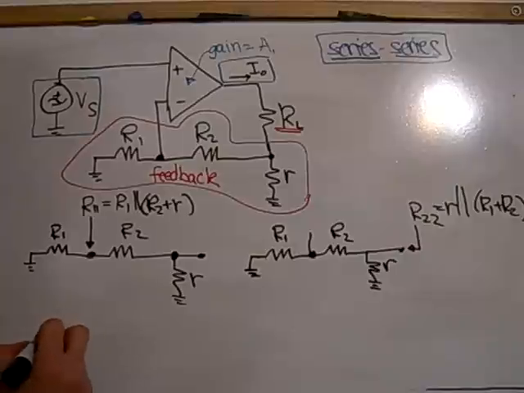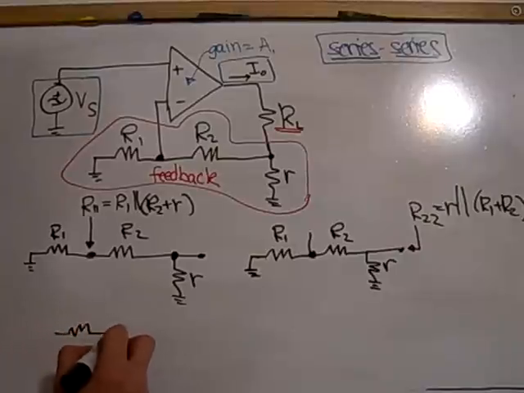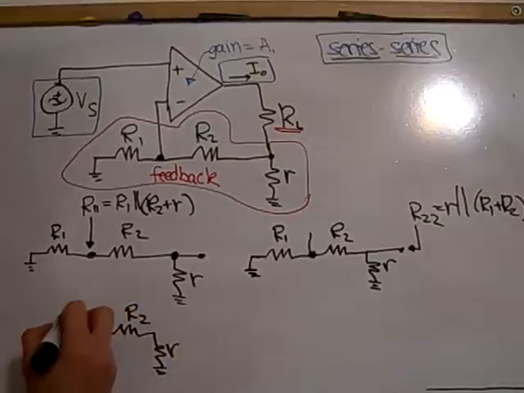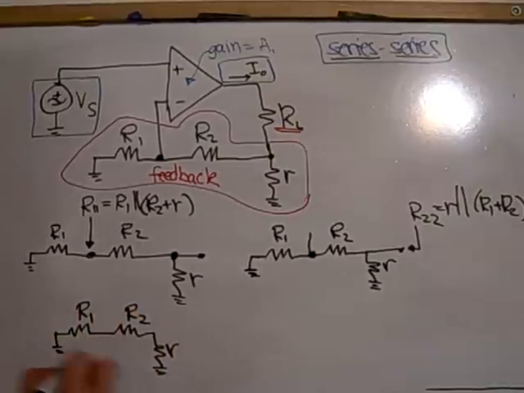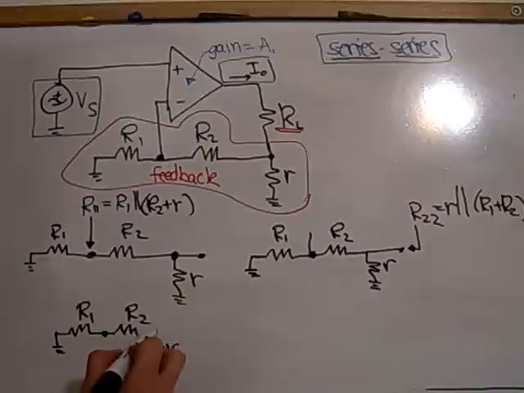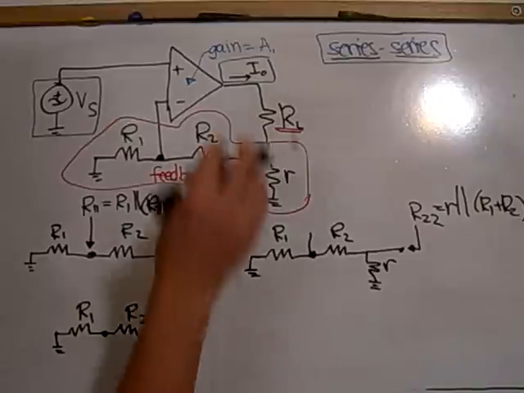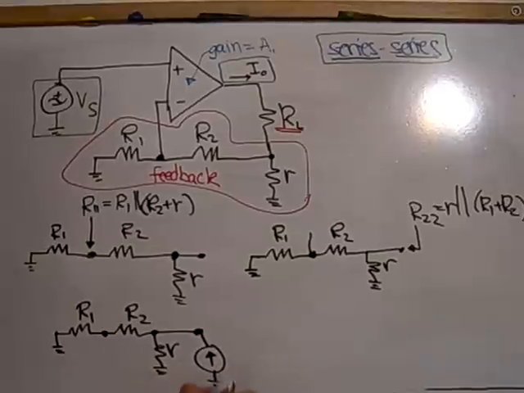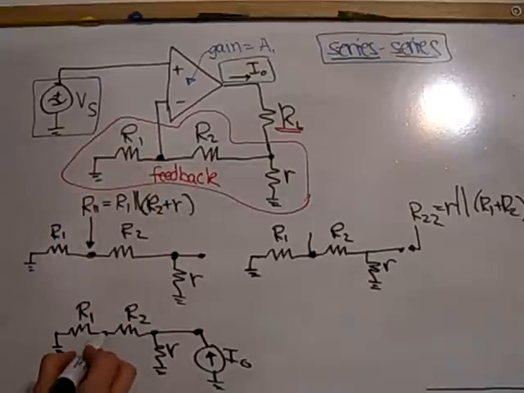Now beta, again, redraw the same network. And at the location of the output, I look at what I want. I want I naught, so I'm going to redraw the current source I naught. And on the input, I want a voltage.